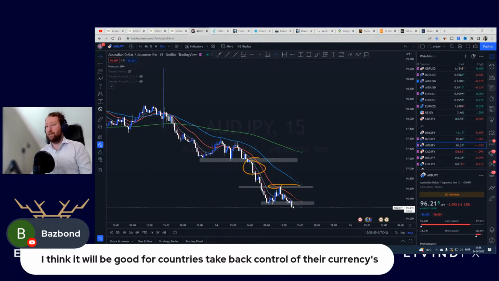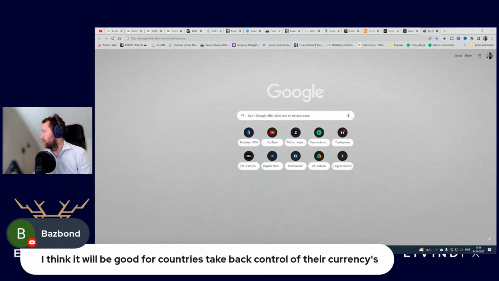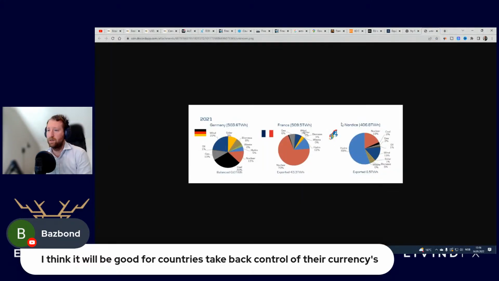Just for everyone to understand, I have one photo for you. It's taken from Danske Bank. This is a photo of the energy mix for 2021, and you see Germany and France and the Nordics.